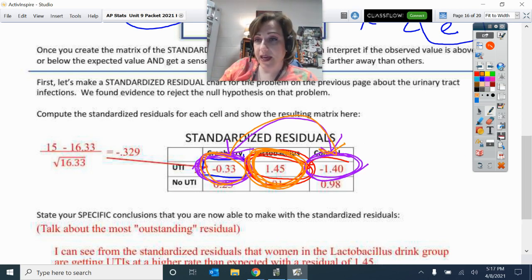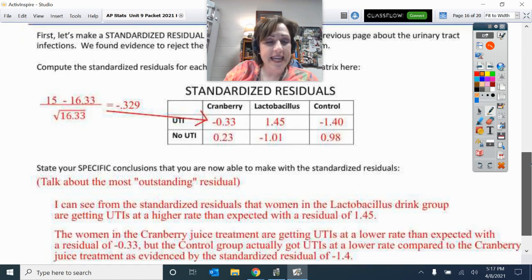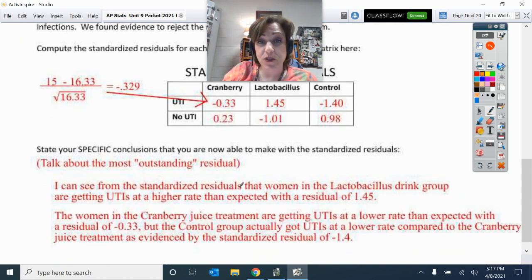Once we do all of that, we typically want to talk about our specific conclusion, and we're looking at the one that is most outstanding and meaningful. So here we say, I can see from the standardized residuals that women in the lactobacillus group are getting UTIs at a higher rate than expected, with a residual of positive 1.45.